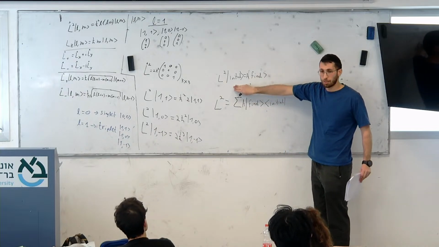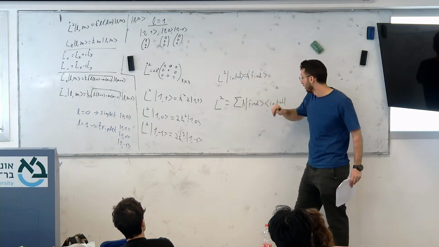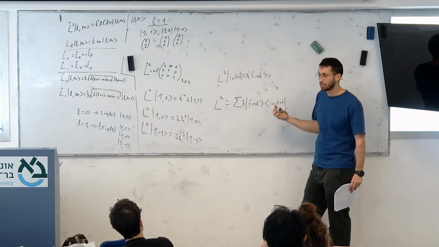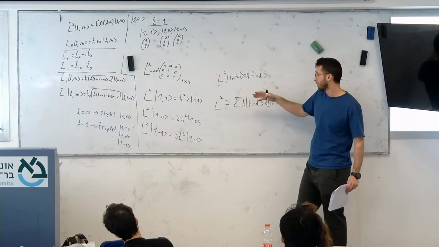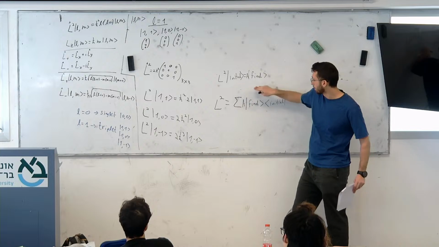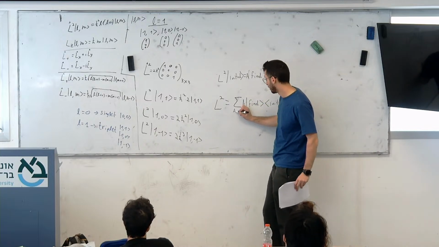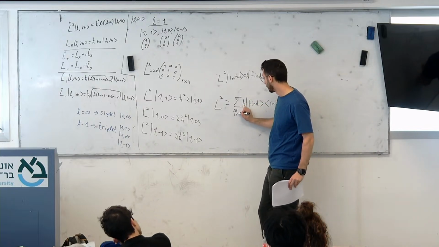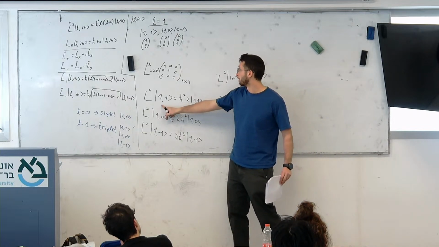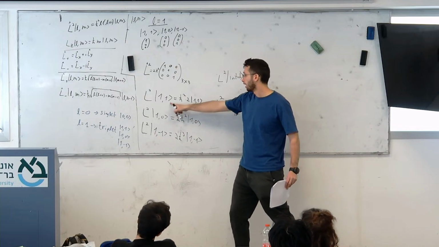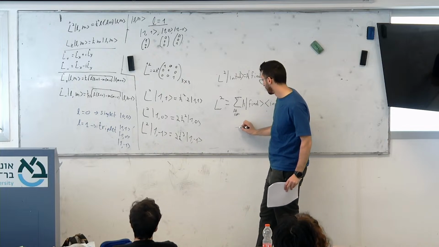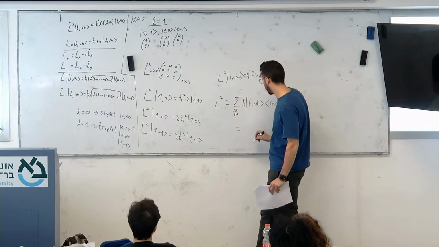Then you can just multiply by the bra of the initial on both sides. Because this is for a specific state, and I can write here all states. How it translates to this picture, I can write L as a sum over here.